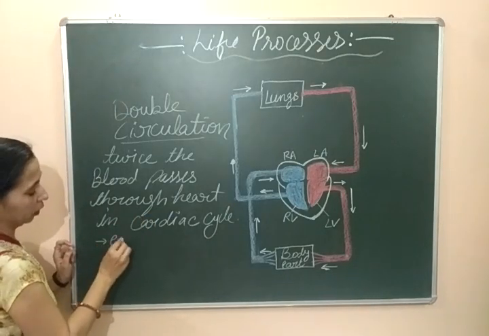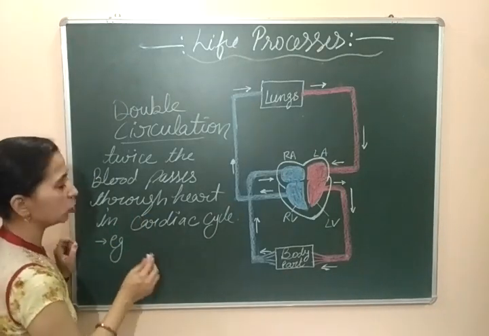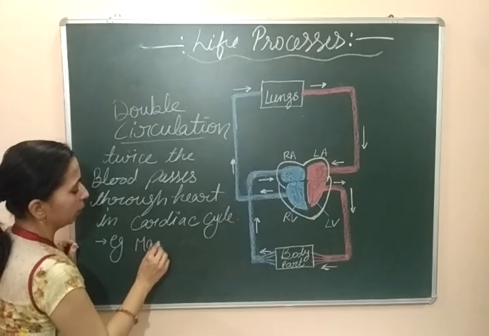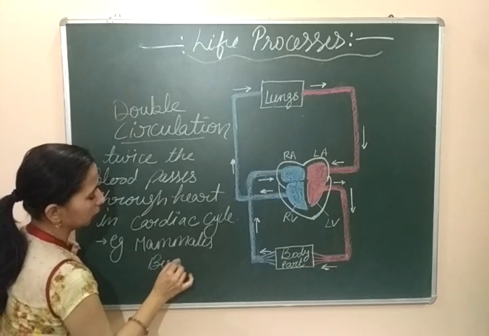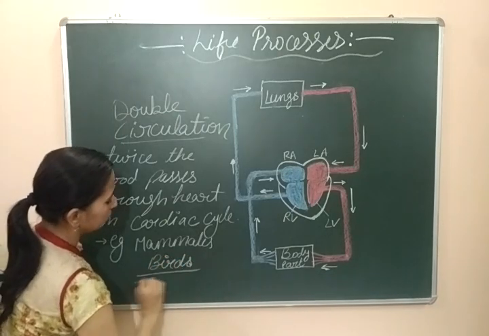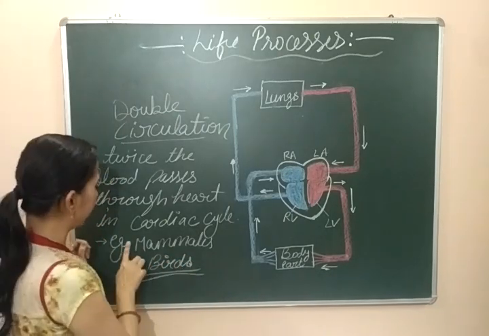And examples of animals in which double circulation is found are mammals. Mammals have double circulation, as well as birds. So these are the examples.